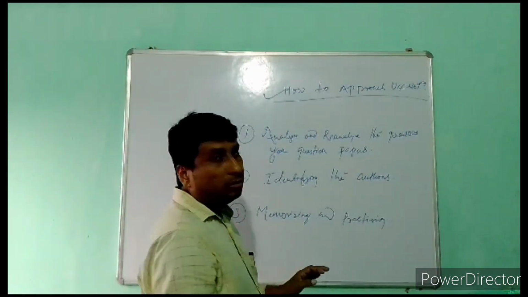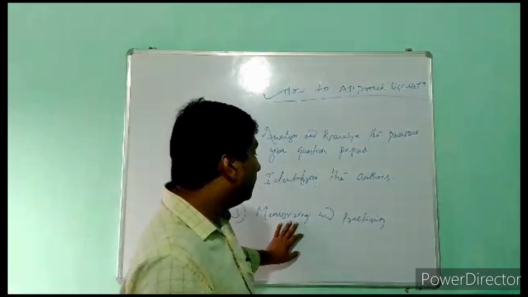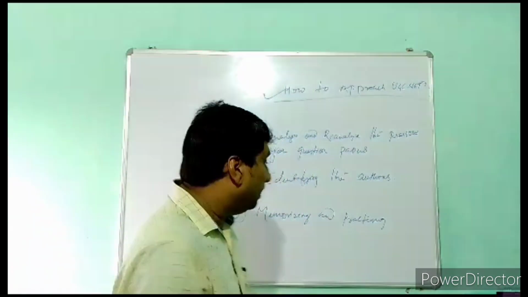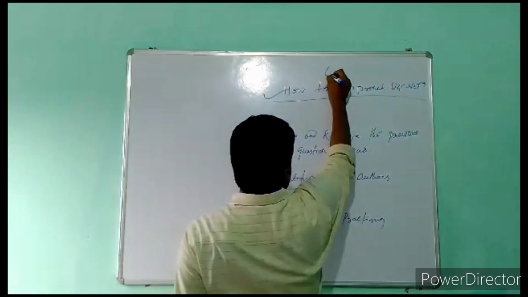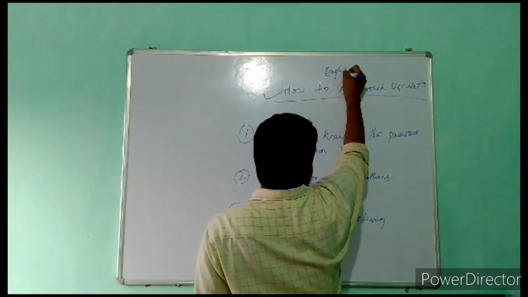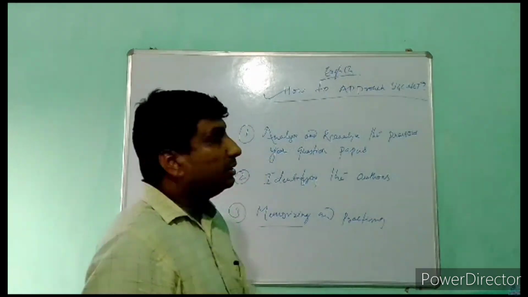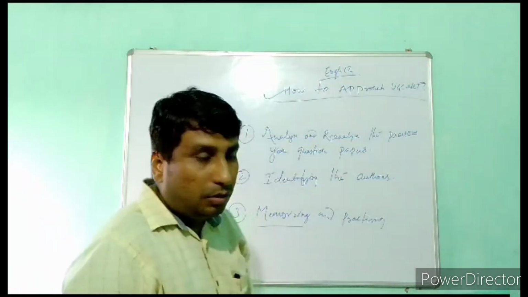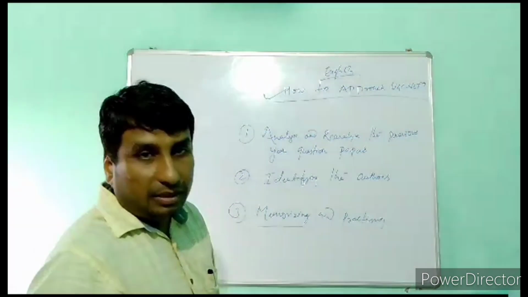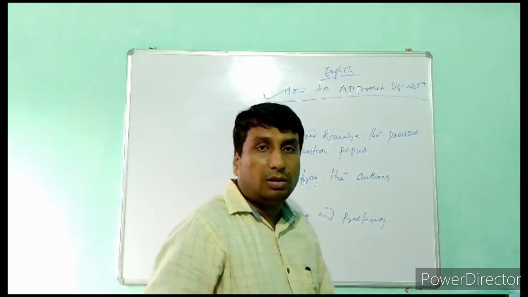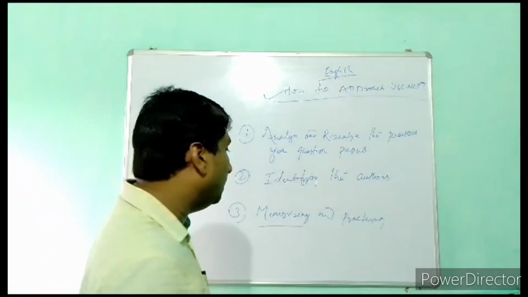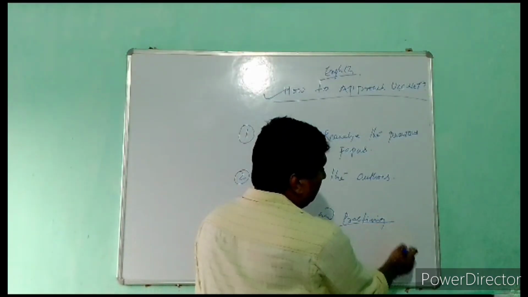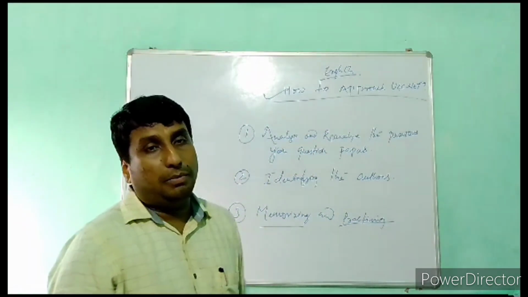And the third most important thing is memorizing and practicing. For this particular subject, English, I'll tell you, memorizing will be very important, because they ask a lot of facts regarding authors, publication years, chronology, etc. So memorizing and, at last, practicing would be very important.